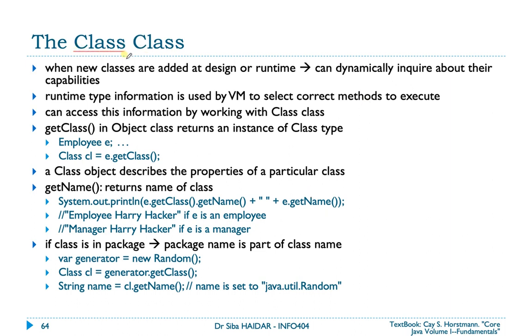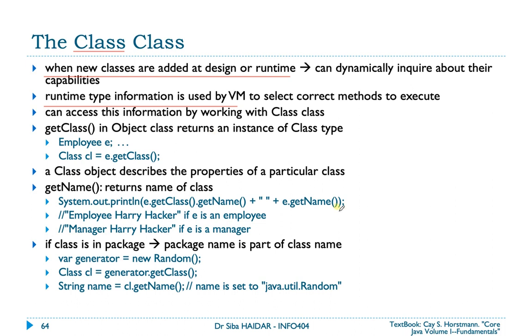The class name is also Class. So when new classes are added at design time or runtime, you can dynamically inquire about their capabilities. You can at runtime ask something about the class or about the object, etc. So runtime type information is used by the virtual machine to select the correct methods to execute.